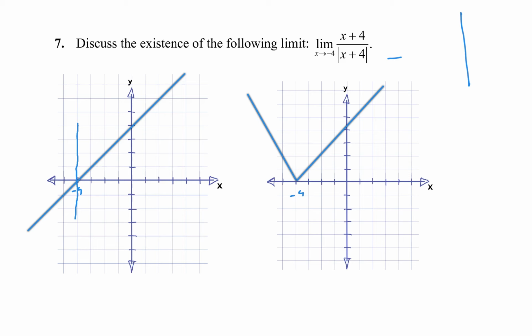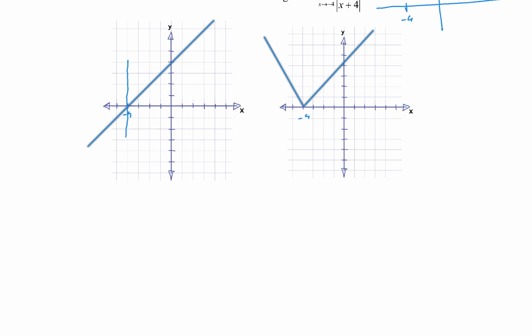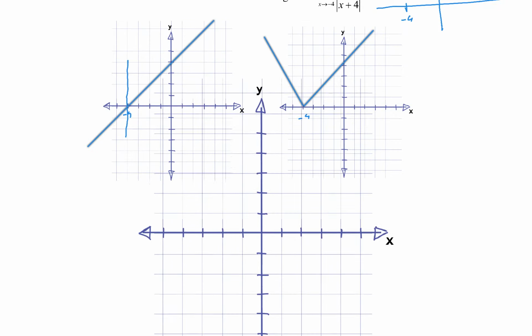The graph of this function, if you represent this is minus 4, when x is minus 4, to the left will be minus 1, and to the right will be plus 1.